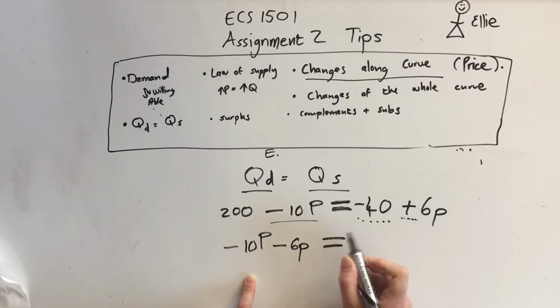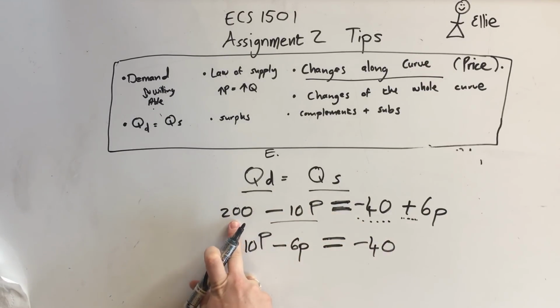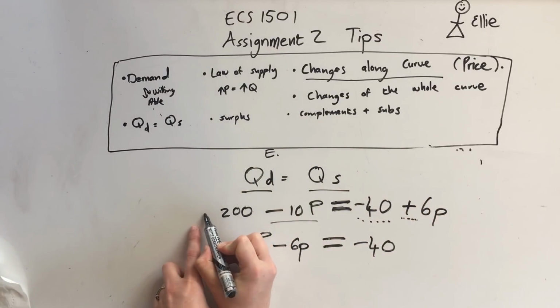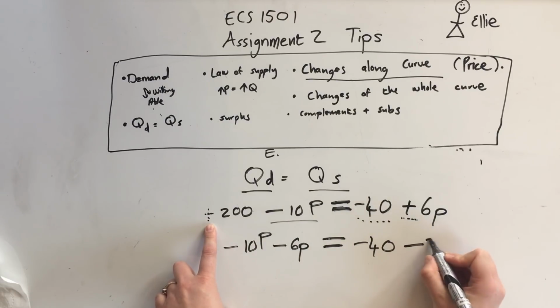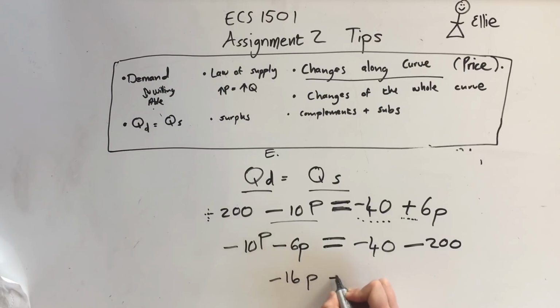equals, on this side we had minus 40. We want to take the 200 across the bridge of terror, so what has to happen? There's an imaginary plus sign there that will become a minus on this side, 200. Minus 10p minus 6p is minus 16p equals minus 240. I'm going to put the minus 240 on this side, which makes it positive.